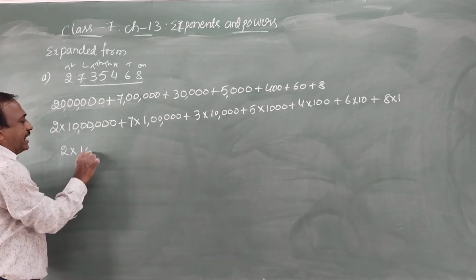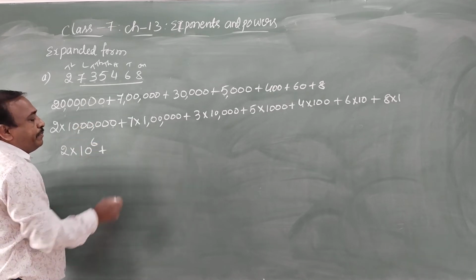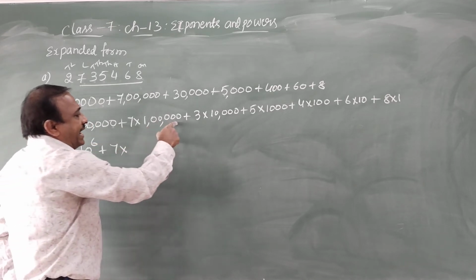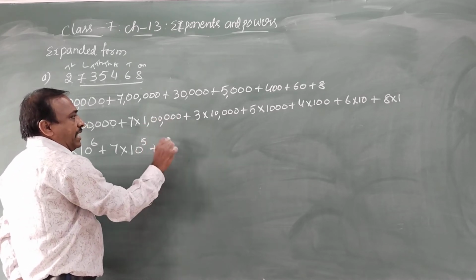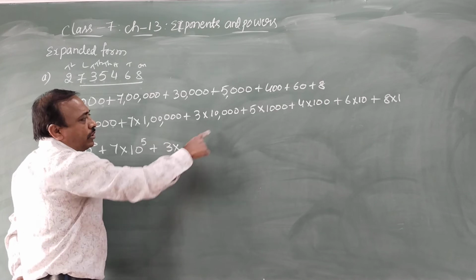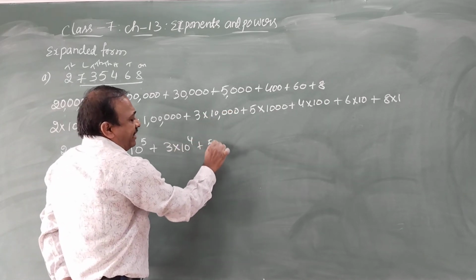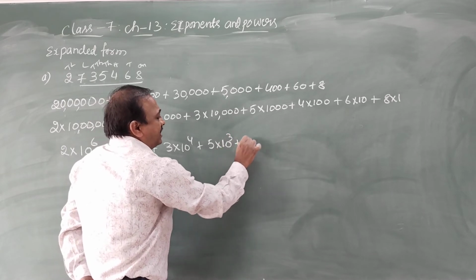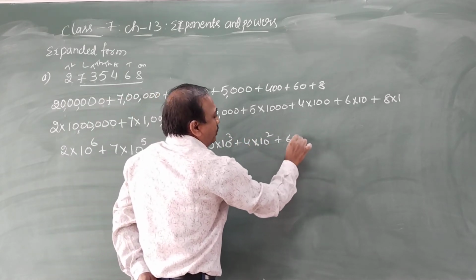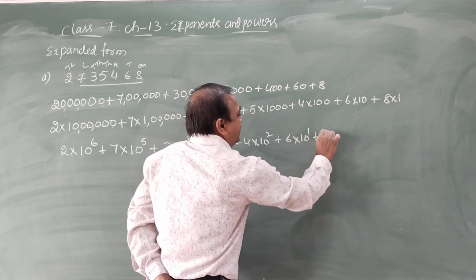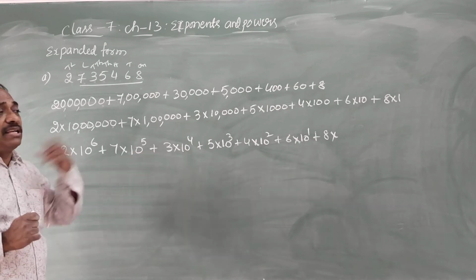So 2 into 10 to the power 6, plus 7 into 10 to the power 5, plus 3 into 10 to the power 4, plus 5 into 10 cube, plus 4 into 10 square, plus 6 into 10 to the power 1, plus 8 into... everything we are able to express as 10 to the power something.